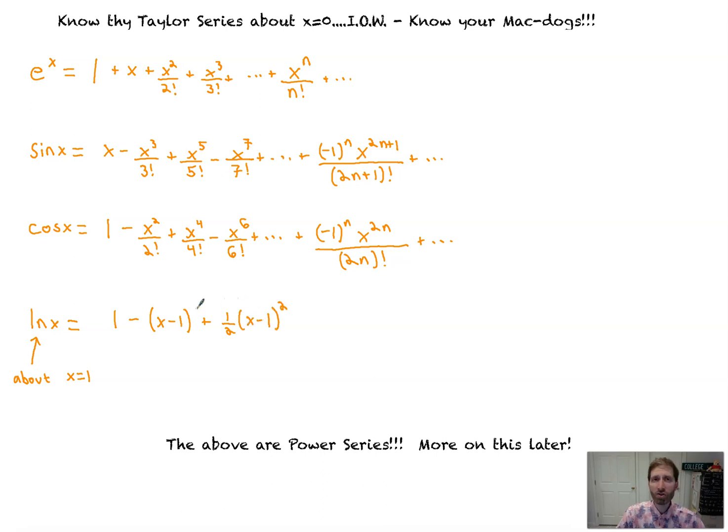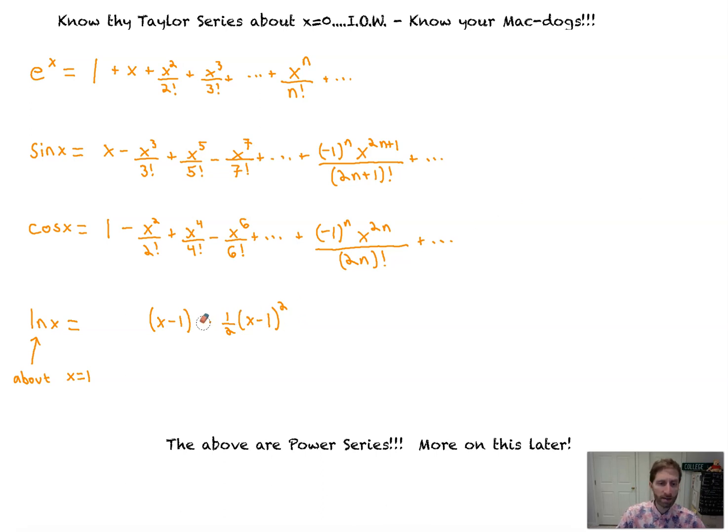I'm going to make one correction. It doesn't start out with 1. My apologies. It starts out just x minus 1, like that. And that's because if you plug in ln of 1 into this, you want that to equal 0. If we started out with 1, it wouldn't. Anyway, enough on that.